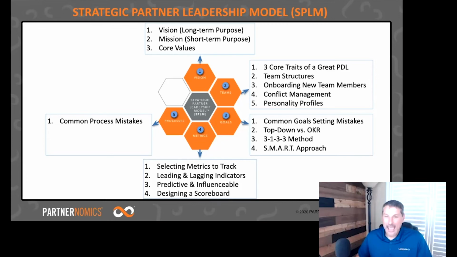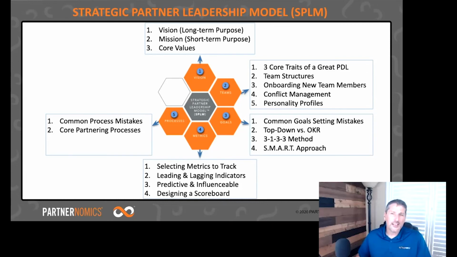There's a difference between having processes and having good processes. And so the processes element starts off by talking about some of the common mistakes that are made by building processes and what we can do to avoid those landmines, what we need to do to really streamline processes within our partnering teams and our partnering organization.